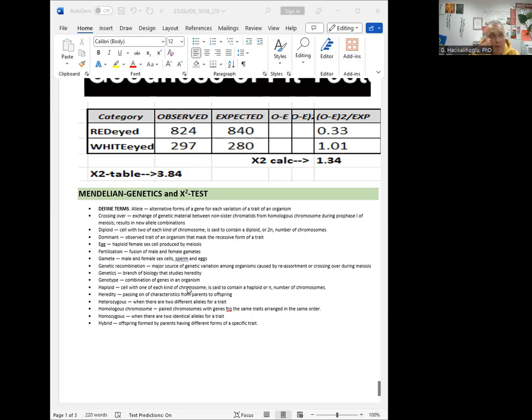If we have big A, your gamete is big A. If you have a small a genotype, your gamete is small a. But if you have a heterozygous genotype like big A, little a, then you have two gametes: big A and little a.